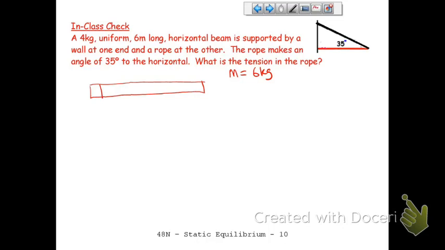I hang from this meter ruler a 2 kilogram mass, and let's say this 2 kilogram mass is 5 centimeters from the end. Where do I need to put my fulcrum for equilibrium?